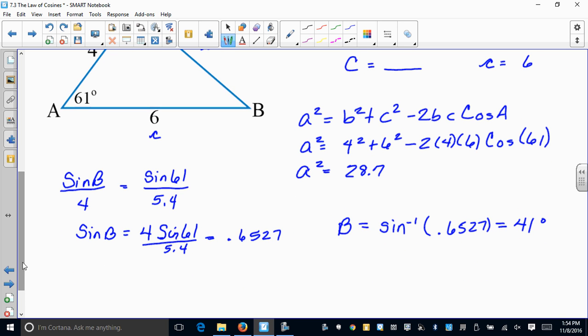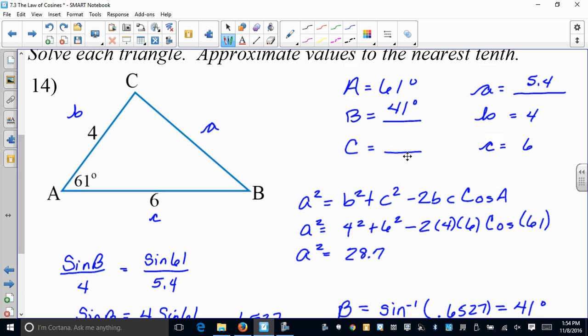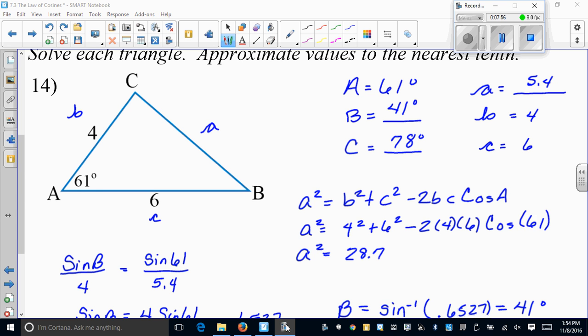So angle C is going to be 180 minus the 41 minus the 61, which gives us an angle of 78 degrees. And we're done. Okay, so this is giving us an example of that one.